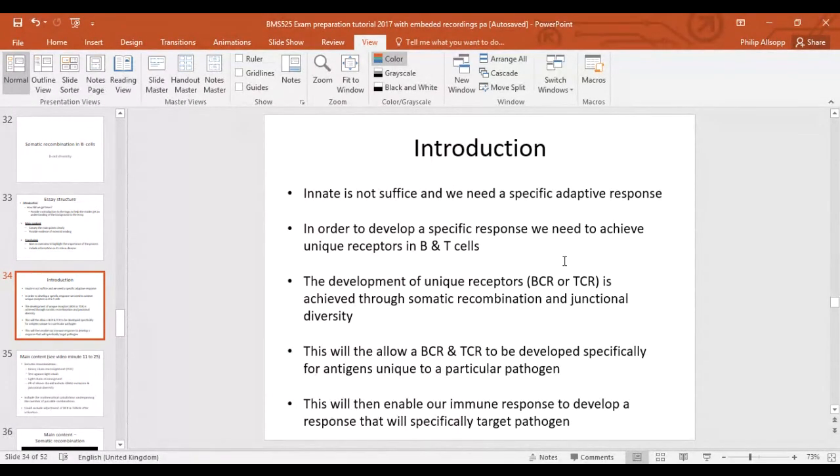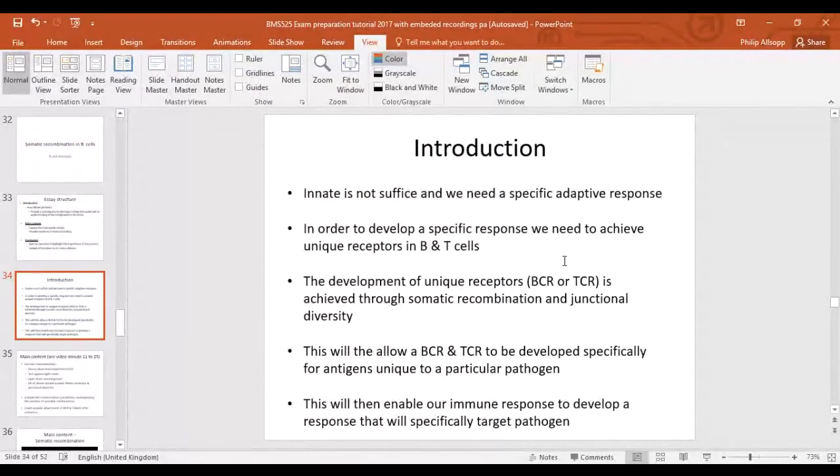So what we want to do at this point is provide a rationale for why we need a specific response. As I said before, the innate response is useful for a general, quick, rapid, non-specific response, but there's a real need to have a tailored response against that single pathogen that we've been infected with.